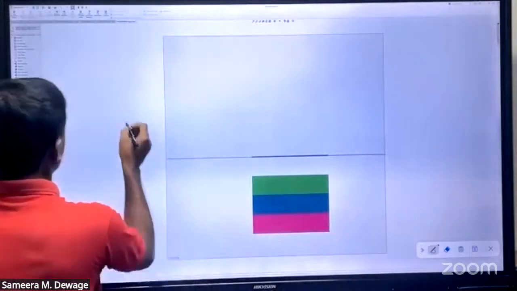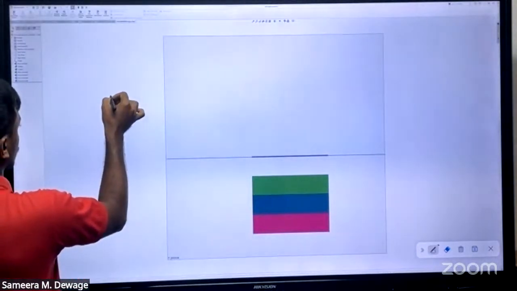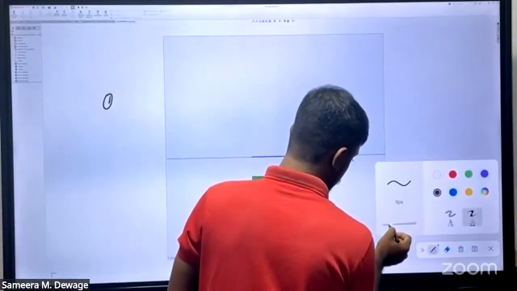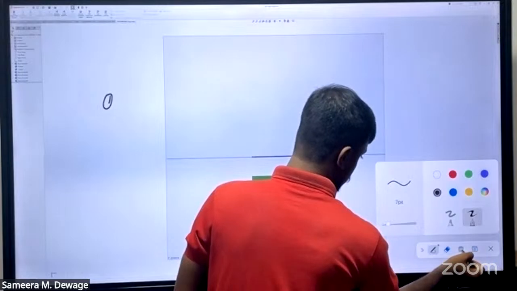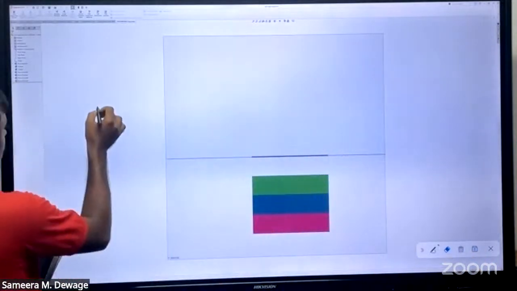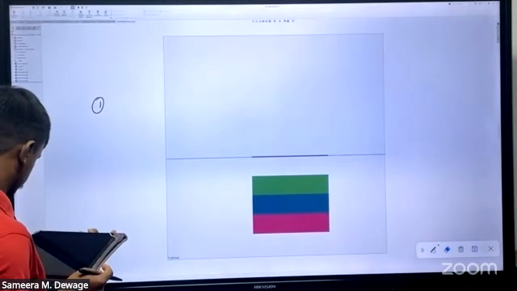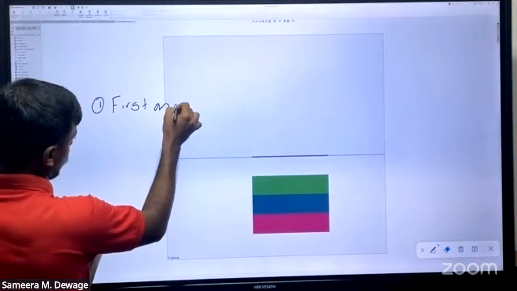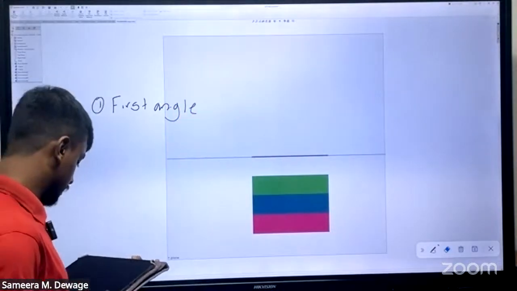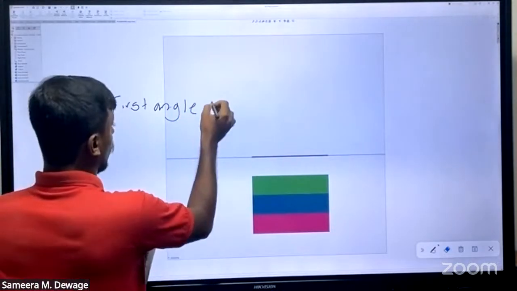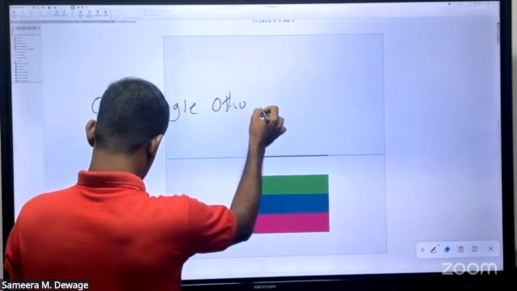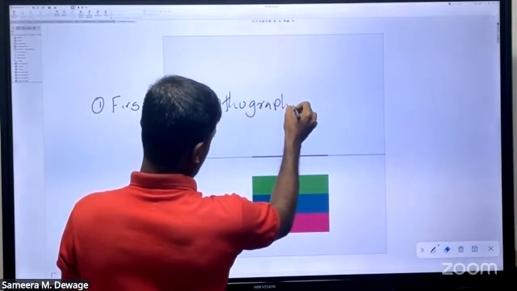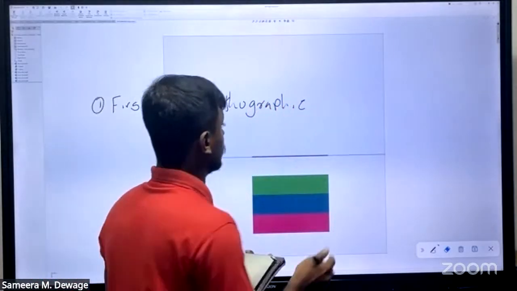First one. Okay, the first one is first angle orthographic projection.